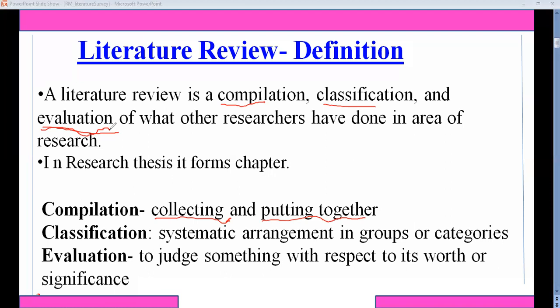That scope we have to discuss. So what exactly do you want to do? Your research problem should not be vague. It should itself define its boundary. Okay.